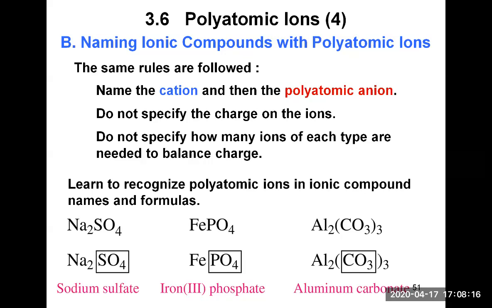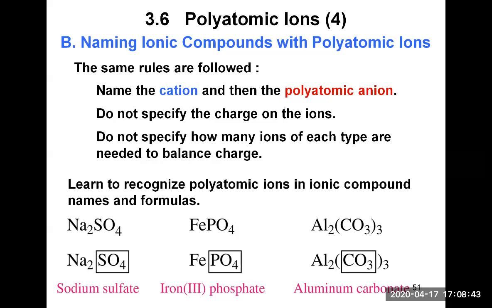FePO4. So here we have iron, and because it's a variable charge metal, we need to specify what is the charge of iron in that particular compound. And so for this, if you recognize PO4 as the phosphate, then you look at your list of polyatomic ions and see that the phosphate has 3 negative charges.